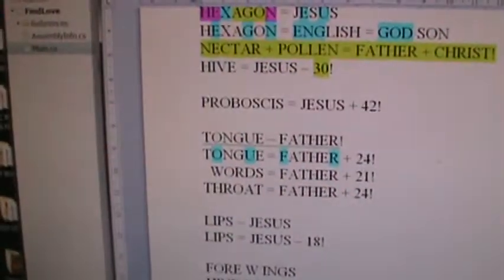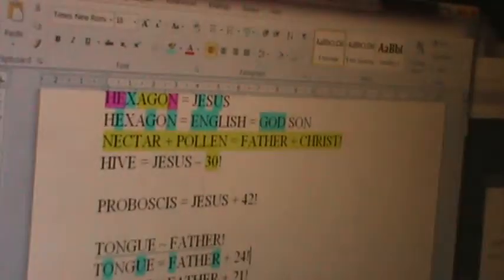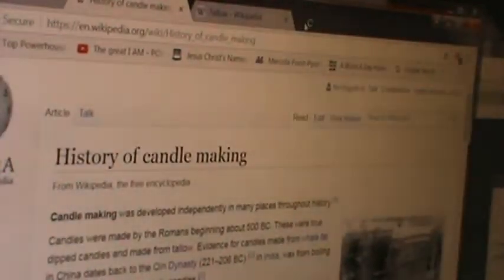So, more information to know and learn. So what is the definition of proboscis? Here we are in insects.